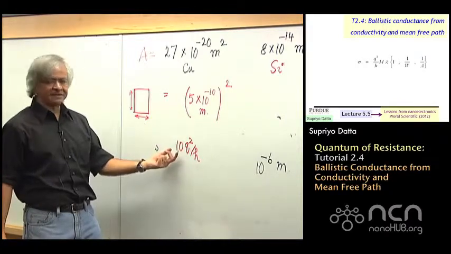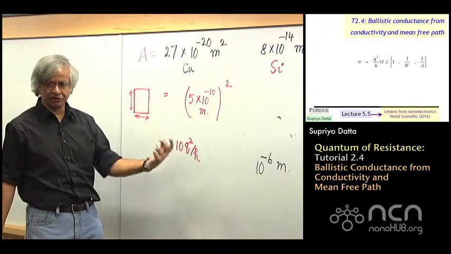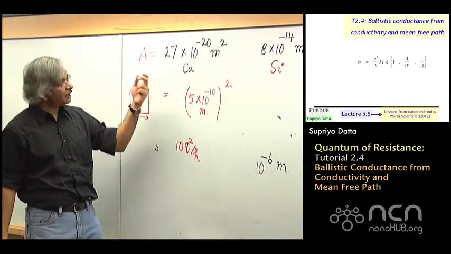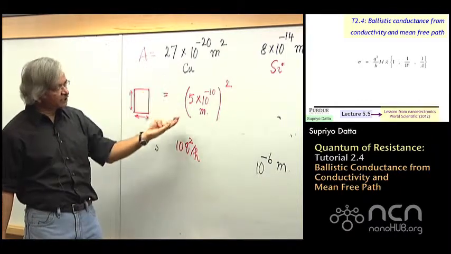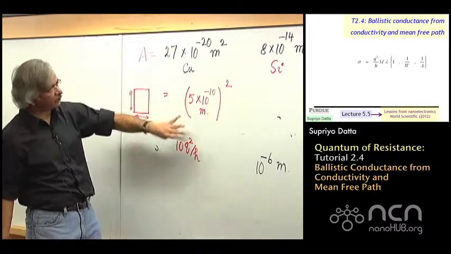And I said 5 rather than 10 because, as you know, it's 2q squared over h once you include the spins. So then you have another, say 5 of those. And so you need a cross section that has about 5 atoms in it. Roughly speaking, it's on that order.